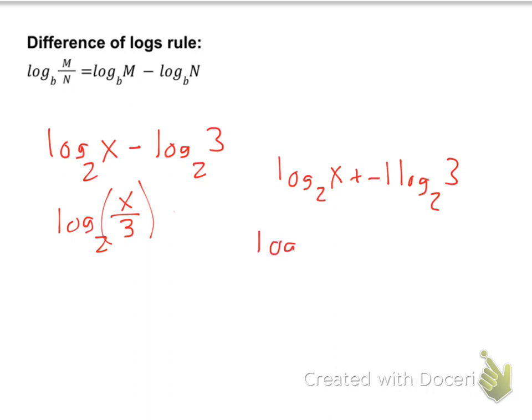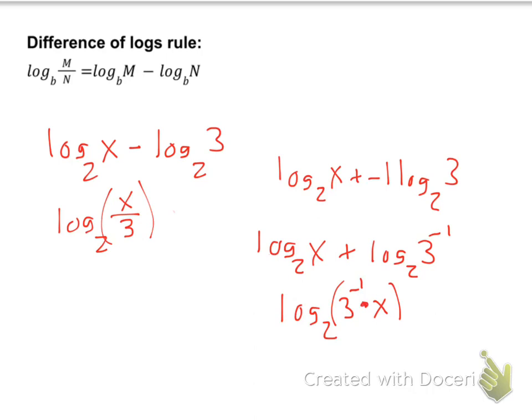So it becomes log base 2 of x plus log base 2 of 3 to the negative 1 power. And now you're thinking, wait, I kind of like that because now they're adding, so I'm multiplying inside. And you're absolutely correct. So this would be log base 2 of 3 to the negative 1 times x.